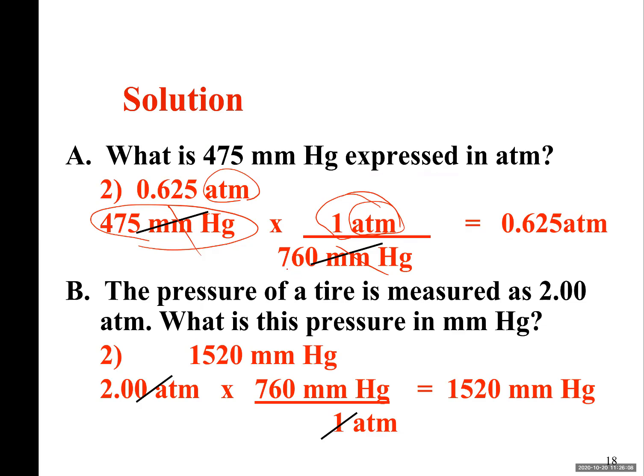Every 1 atmosphere is 760 millimeters of mercury. So what is the conversion factor suggesting? Take 475 multiplied by 1, divided by 760, and this is the answer. The answer is in atmospheres because the unit of millimeters of mercury was canceled with millimeters of mercury on the bottom.